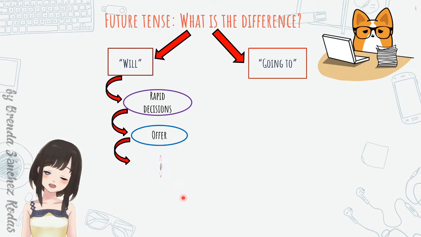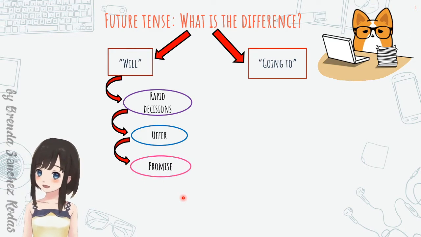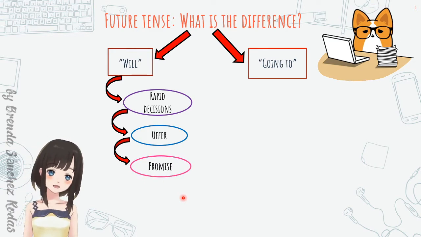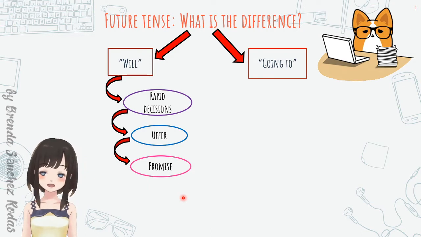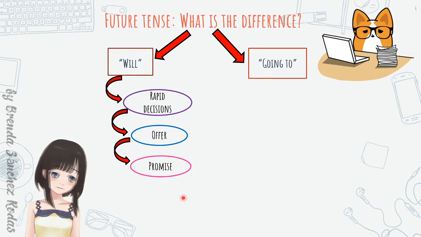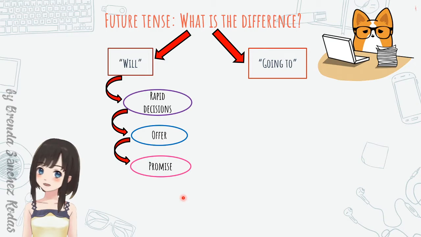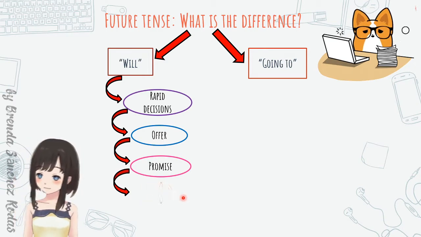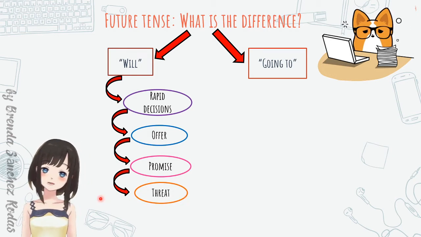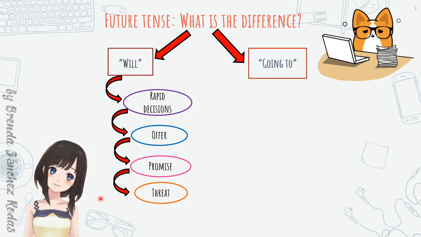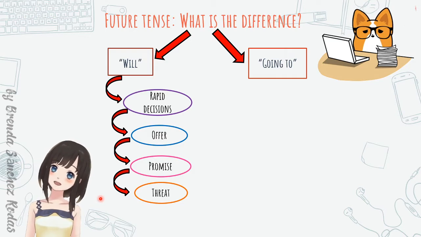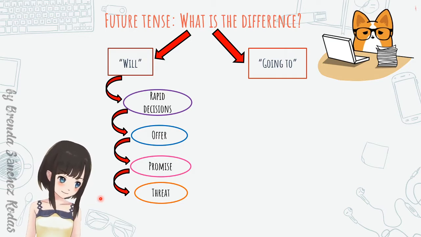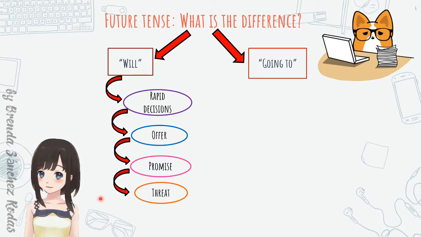Also we use it when we want to make a promise in the future. I will do all my homework, I promise. So this is a promise you make to your mother. Okay, also another use is for a threat. This is really fun. When you want someone to do something and that person doesn't listen to you, you can make a threat in the future, and it's really scary.